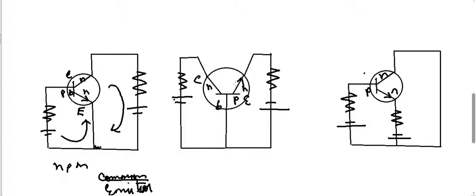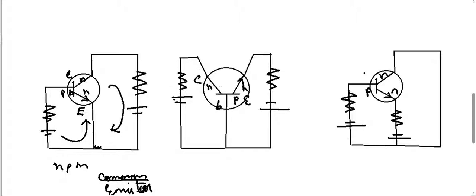See here. This is the base, this is the emitter, and this is the collector, because this arrow tells me this is the emitter and this is the collector. Again, this is an NPN, so the emitter is forward biased, and the collector N is connected to the positive side.